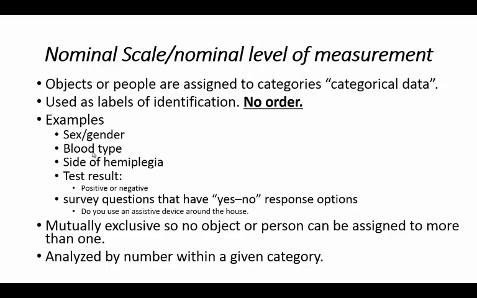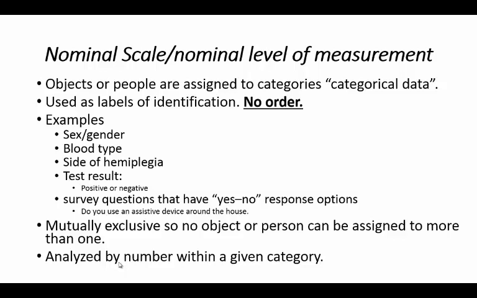So the only thing I can do with this data is to count the people who have this blood type and the people who have that blood type. So I can only work with the number within a given category. I can also say the percentage. 50% of the class had type whatever.